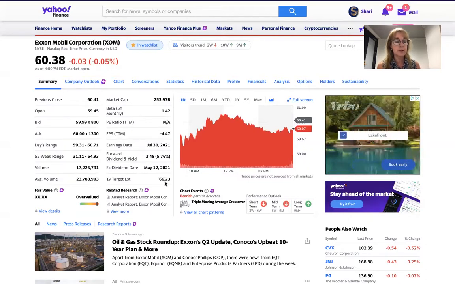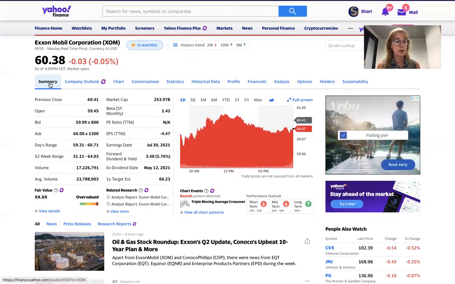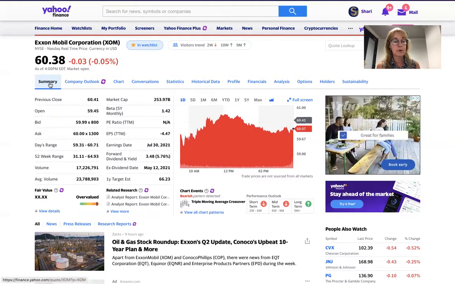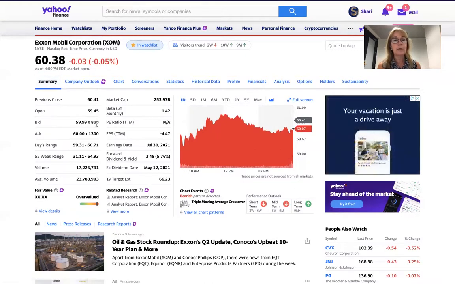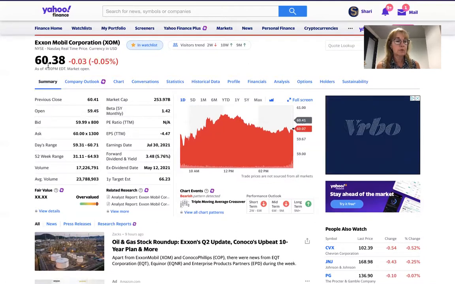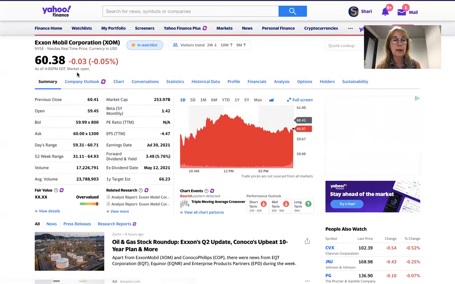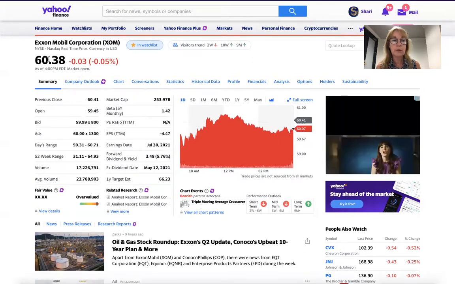So I'm going to take $66 minus $60. That's $6 divided by $60, which is what I bought it for today. So it's the year-end price minus what you paid for today, or the current price, divided by the current price. So that's a 10% return plus my dividend yield.